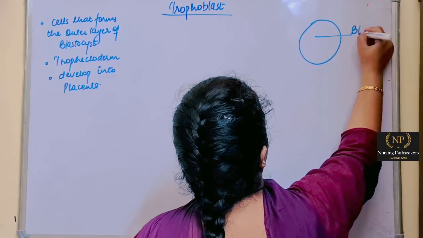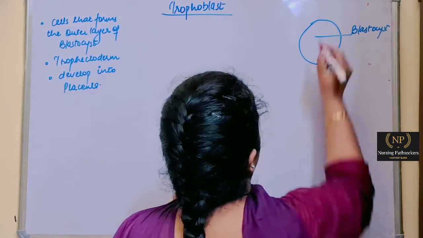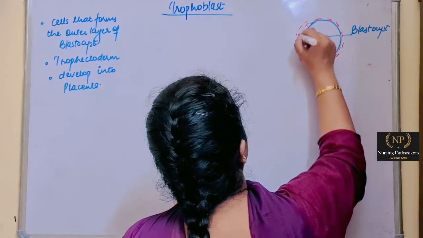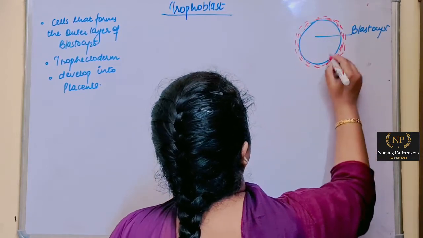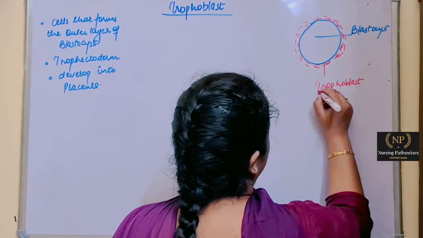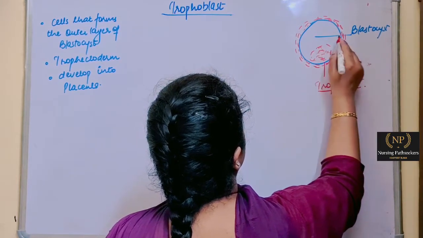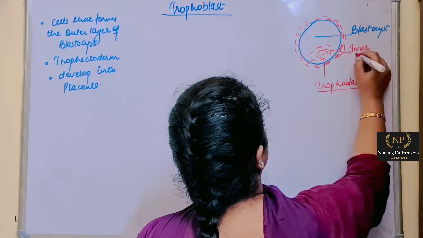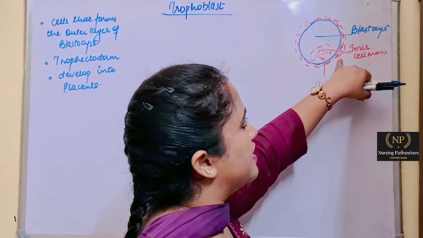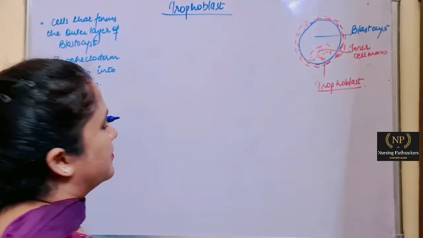This is the blastocyst, and the outer layer is called trophoblast or trophectoderm, and within lies the inner cell mass. This inner cell mass will form the embryo and this trophoblast will lead to the formation of the placenta.